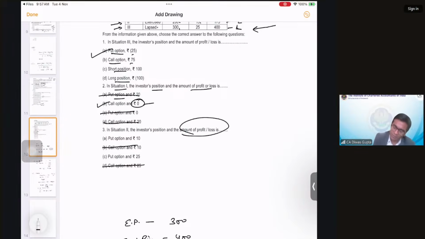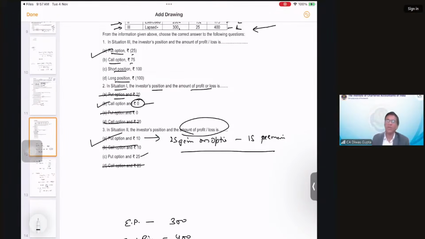So students, if you just see the overall gain, then it can become 25, which is wrong. It should be 10 because 25 gain on options minus 15 rupees of premium. So this is what we have done in all the questions overall, students.